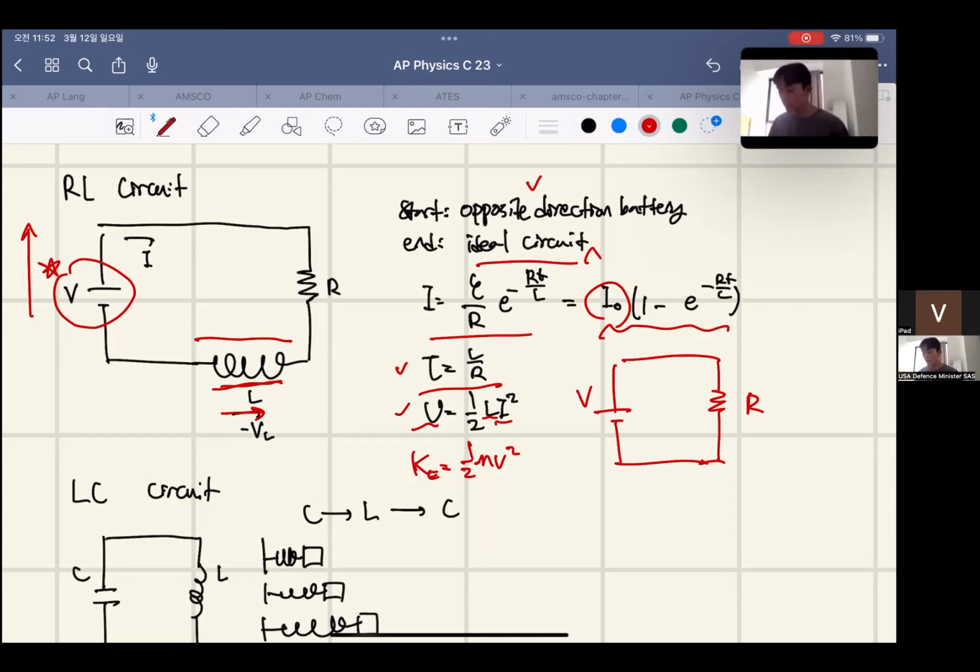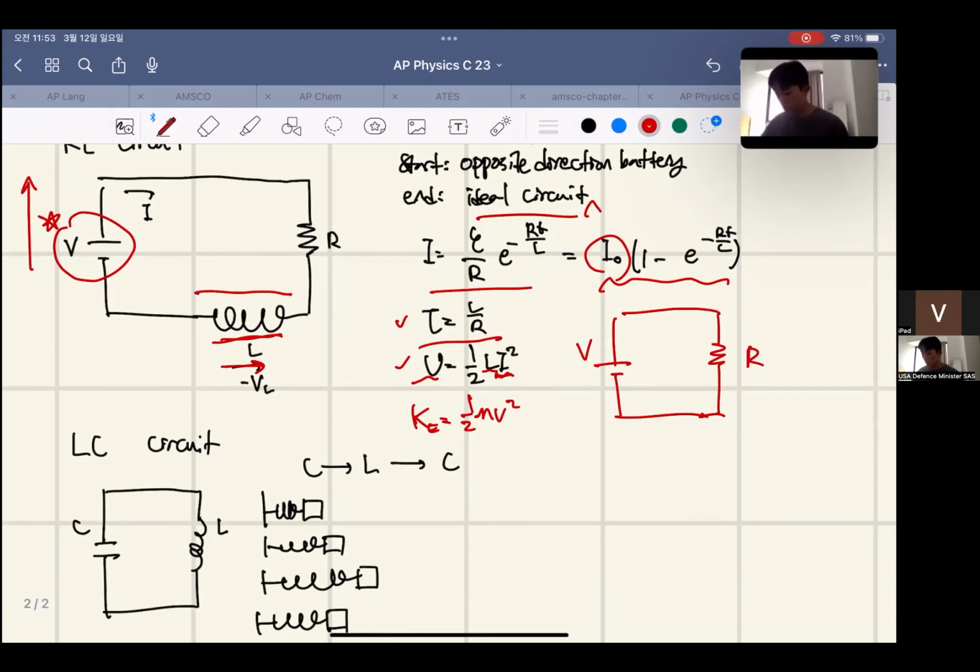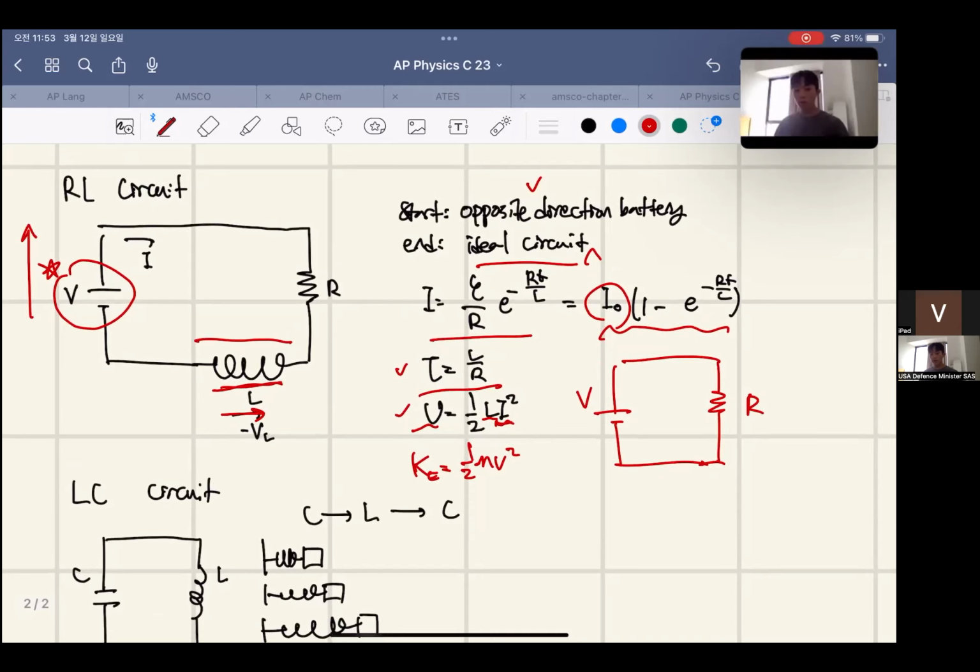Whereas initially you have zero current, meaning that I over here is zero, thus you have zero energy stored in your inductor, which makes sense, because at the starting point you won't have any energy in your inductor, whereas after an infinite amount of time, your inductor would be fully charged. When I say charged, by the way, I don't necessarily mean the charge, the protons and everything, but I'm talking energy-wise. Energy is fully charged.